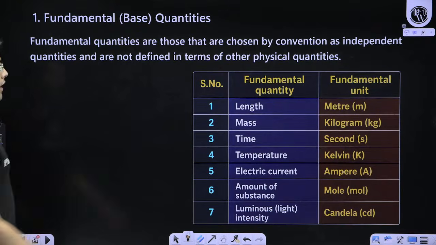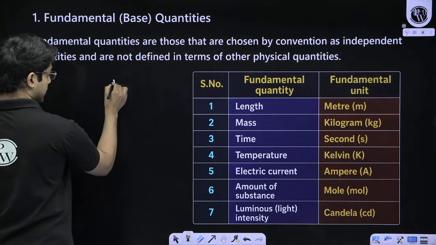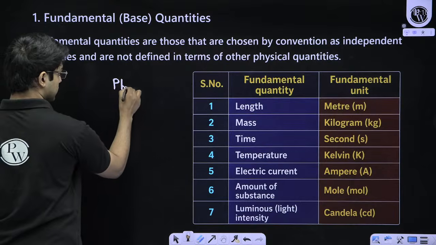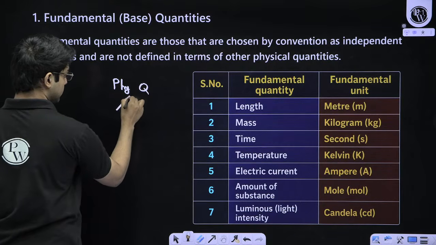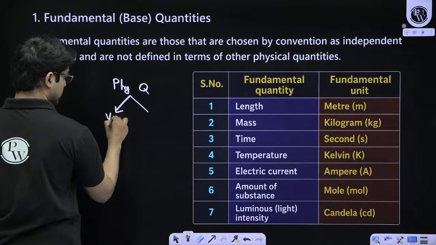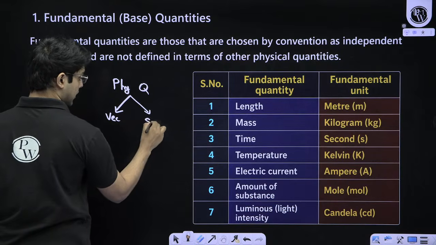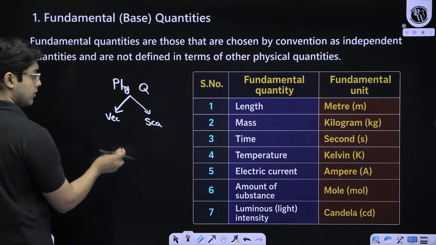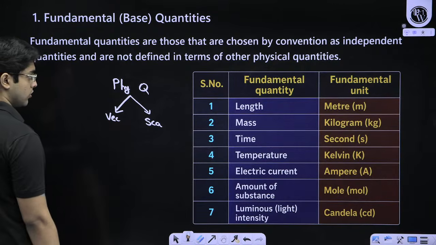So we discussed the physical quantities, how they are distributed as vectors and scalars depending upon do they need extra information regarding the direction or not, right?